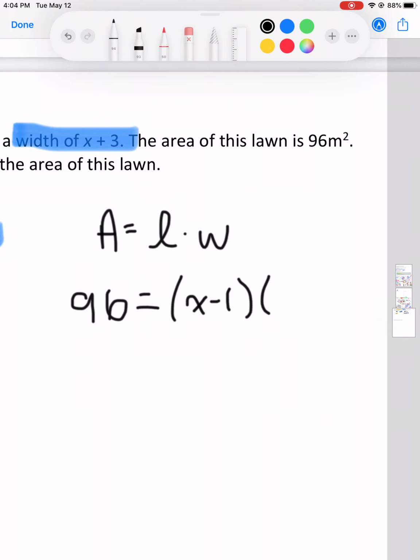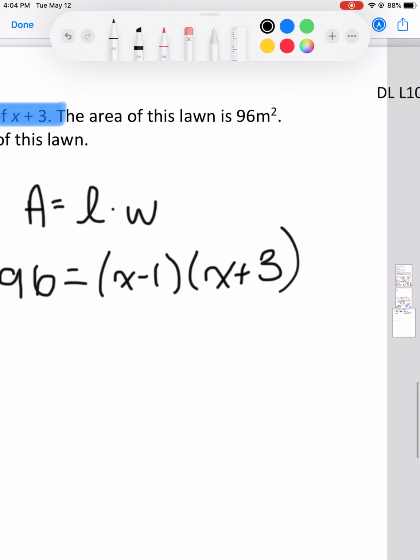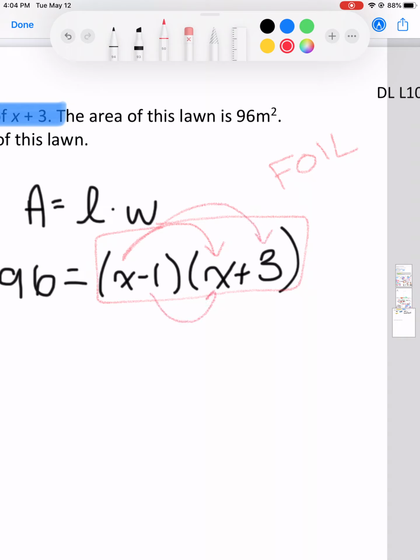My width is x plus 3. So what we're going to do is we're going to solve for this side first. How do we solve? FOIL. So remember, first, outside, inside, last.